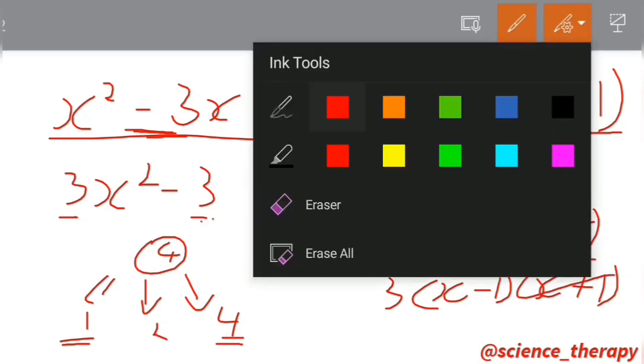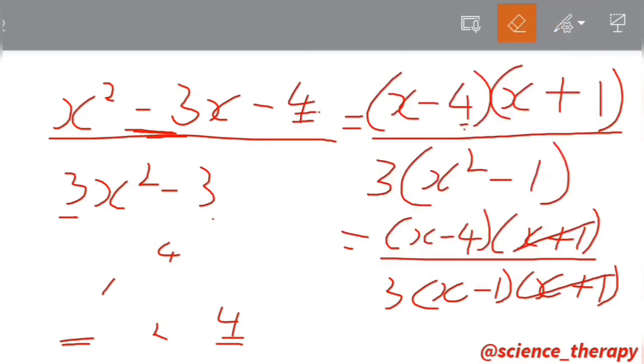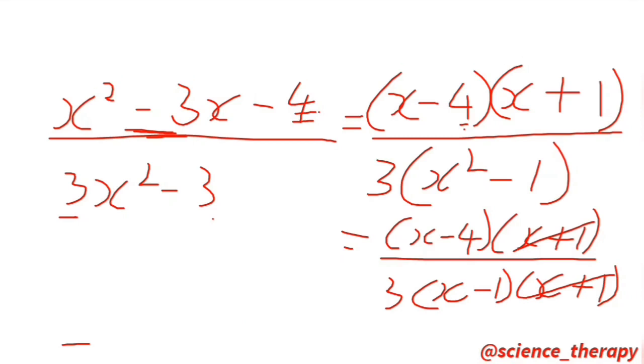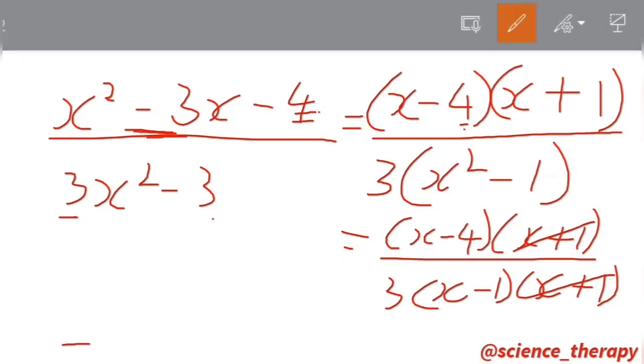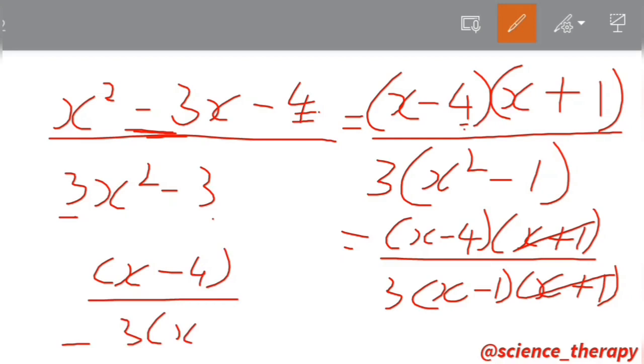So that divides out, and now the solution that we have, let's write it here. In the numerator we have x minus 4, and in the denominator we have 3 bracket x minus 1. So that becomes your solution.